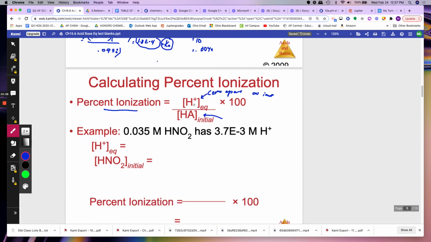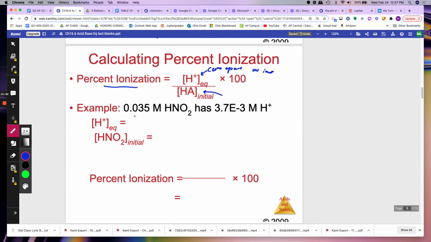Here's another example. If you have 0.035 molar HNO2 and it has that much H plus, 3.7 E negative 3 is how much H plus came apart. The initial is 0.035 molar.